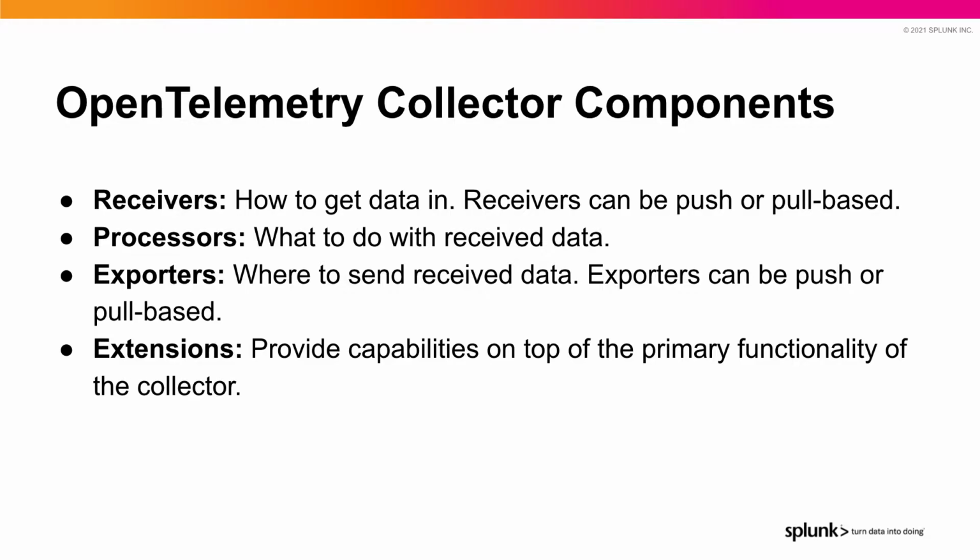We also have exporters, which is where we send the received data, and exporters can also be push or pull based. We typically export this data to solutions like Splunk or Prometheus. And then extensions, which provide capabilities on top of the primary function of the collector. This is where you'll implement something like a health check to make sure that your collector is up and running.